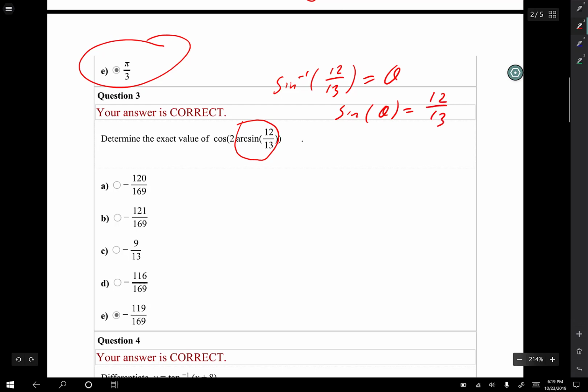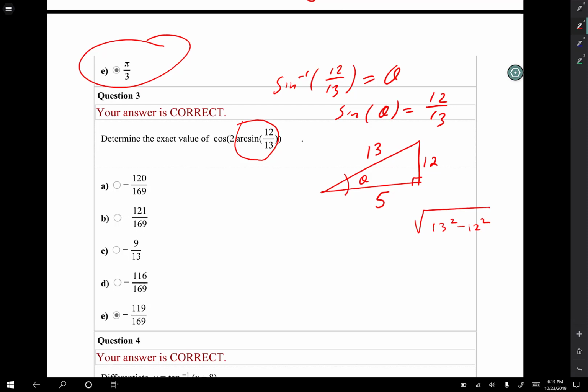So I'm going to draw a right triangle, specifically. Here's my right triangle, and this is my angle, guys. Sine is opposite over hypotenuse, so 12 and 13. And I don't know if you recognize this, but this is the Pythagorean triplet, and the missing side is 5. No big deal, you could have done the Pythagorean theorem: 13 squared minus 12 squared gives you the square root of 25, and the square root of 25 is 5.